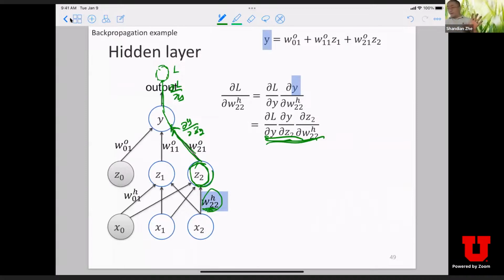This is a very simple case. But if you have multiple paths from Z2 to Y, you need to multiply the partial derivatives along every path and add them together by following the chain. Does it make sense? Any question?